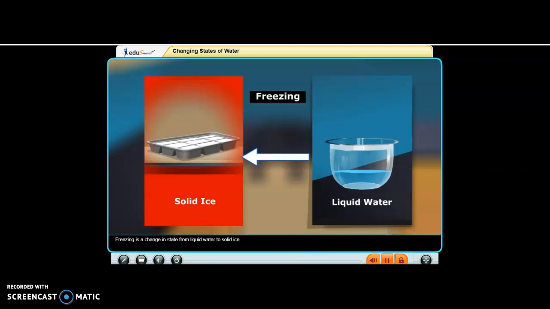So today we have learned two processes where we have seen a liquid change to a solid and a solid change to a liquid. So you want to make sure that you remember those vocabulary terms that you learned today. Freezing.